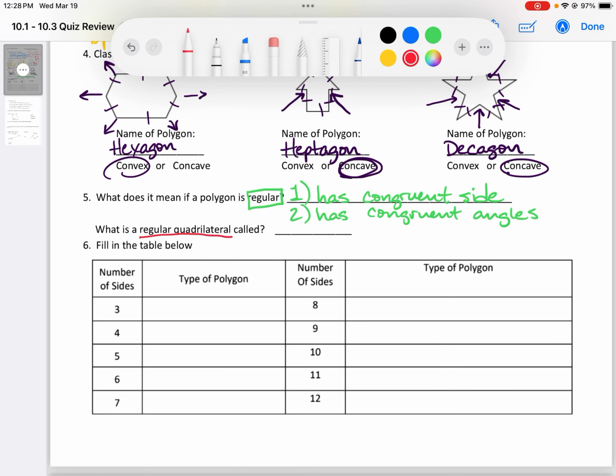What is a regular quadrilateral called? First of all, it has 4 sides. Second, because it's regular, it has 4 congruent angles. And third, it's got all congruent sides. So when you have a 4-sided shape with 4 equal sides and 4 equal angles, we call that a square.